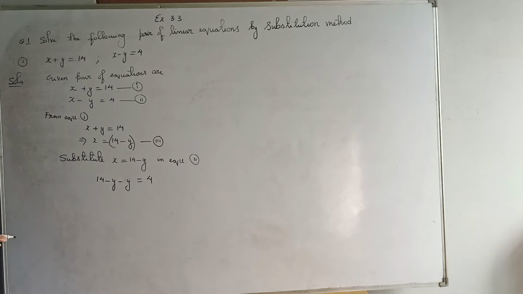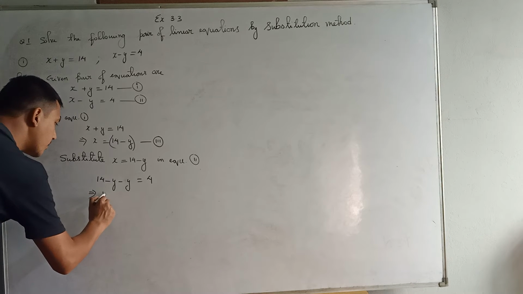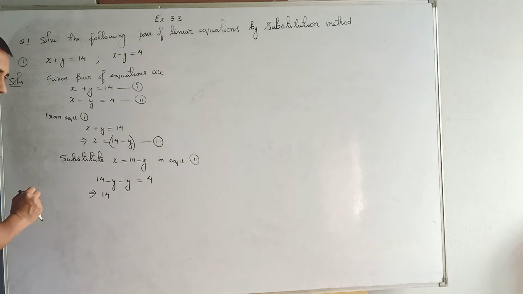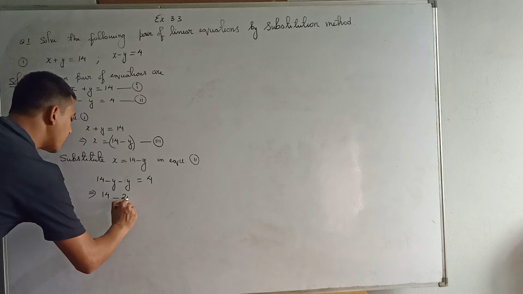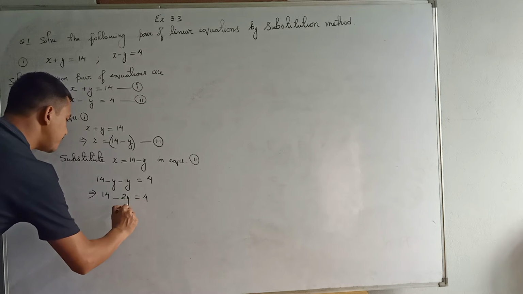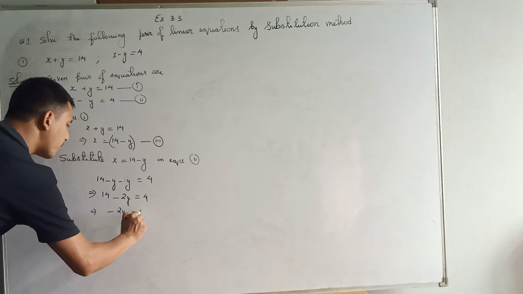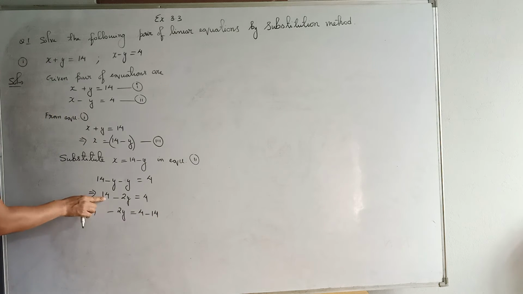We have 14 as it is. Minus y minus y, minus 2y is equal to 4. So minus 2y equals 4 minus 14. This is plus 14, you transpose it as minus 14.